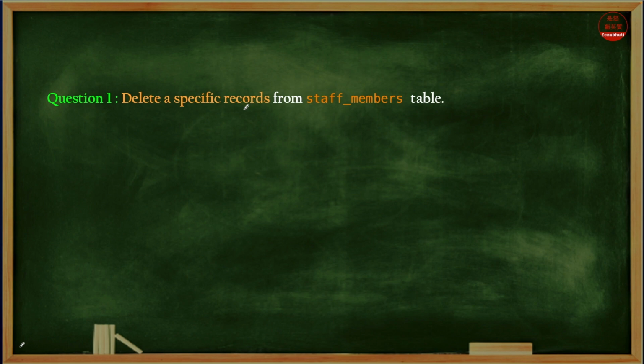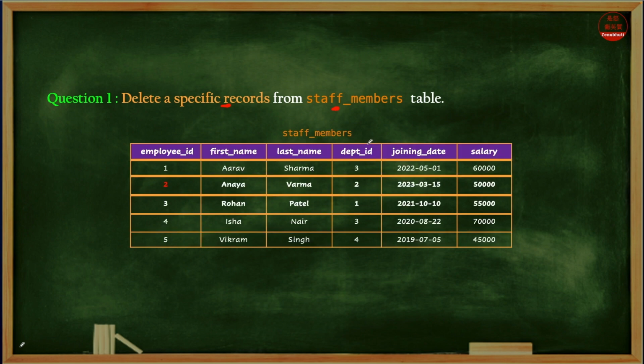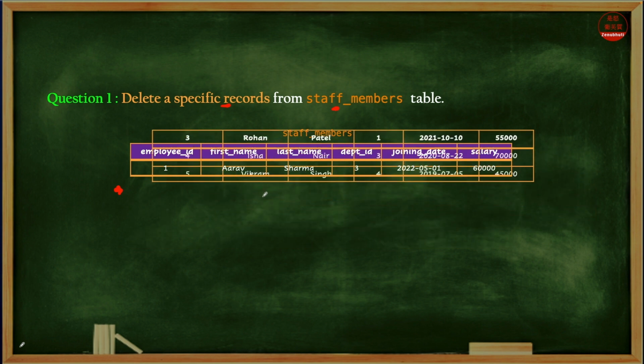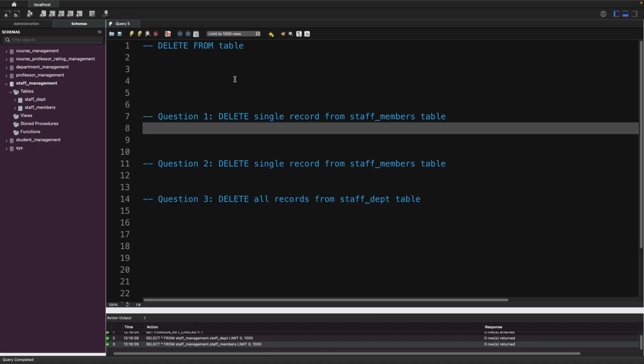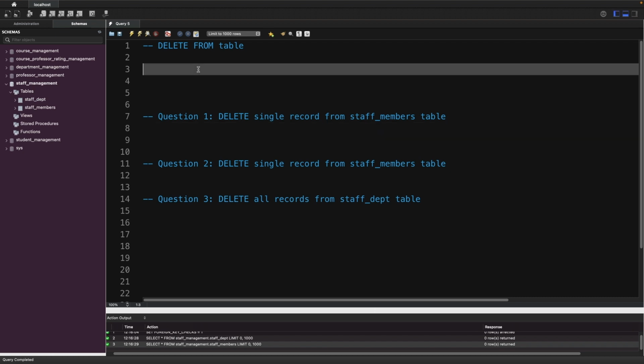In question number 1, we have been asked to delete a specific record from the staff member table. We are going to delete record number 2, whose employee ID is 2, and we will be doing this using the DELETE FROM statement.